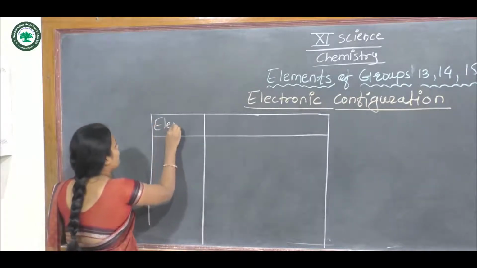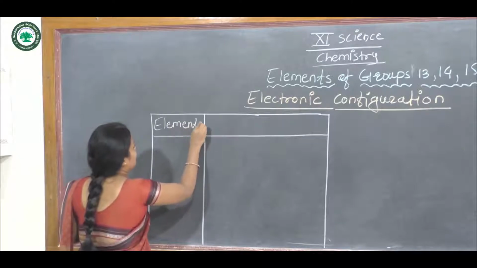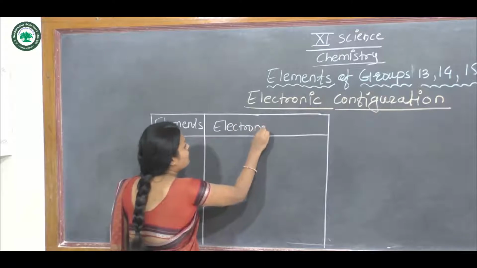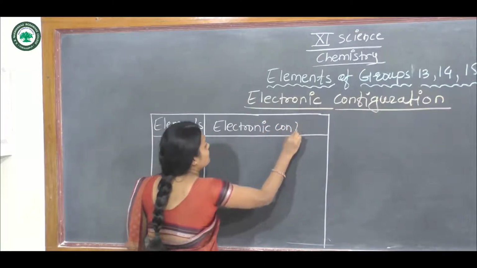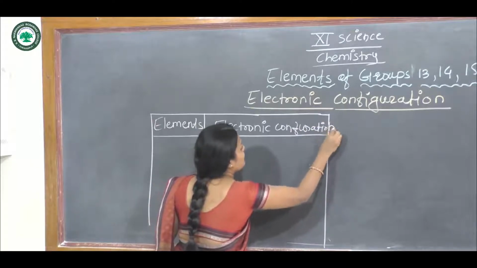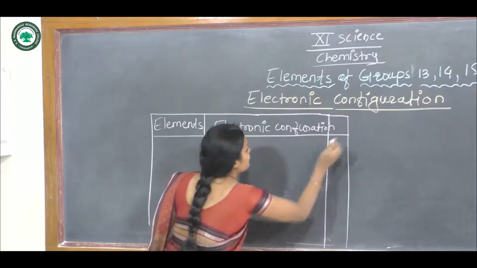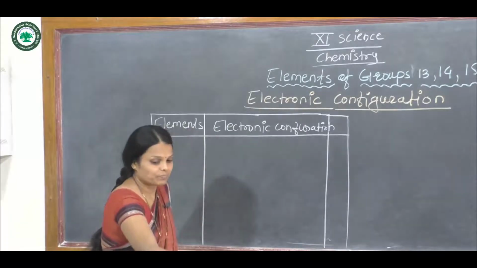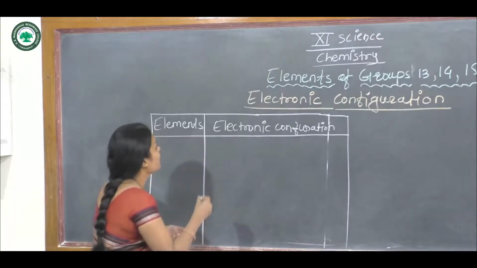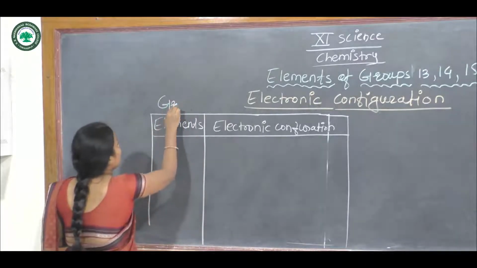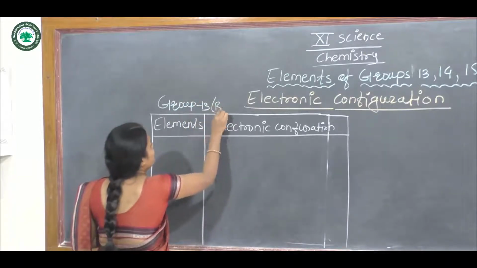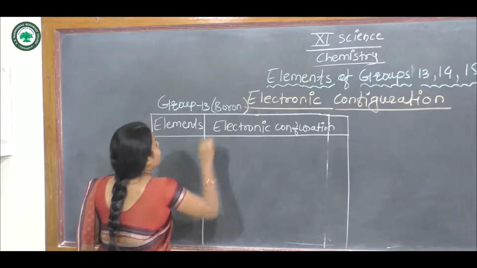Here are the elements, and here is the electronic configuration. This is group 13, the boron family.